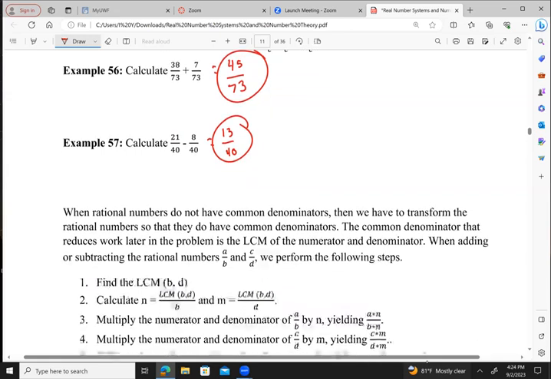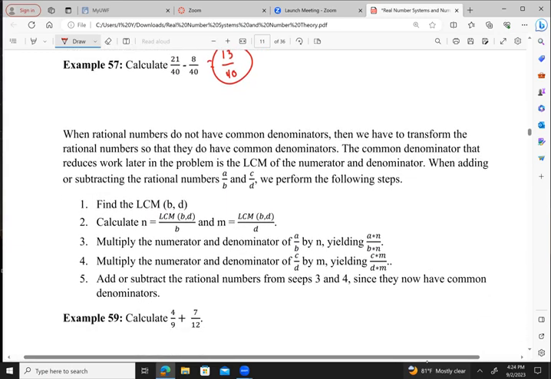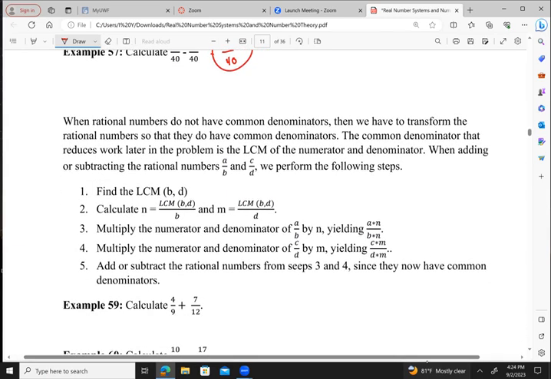However, when rational numbers do not have common denominators, then we have to transform the rational numbers so that they do have common denominators. A common denominator that reduces work later in the problem is called the least common denominator.